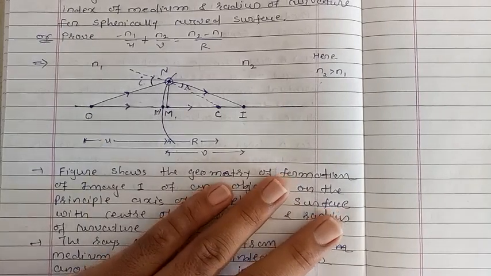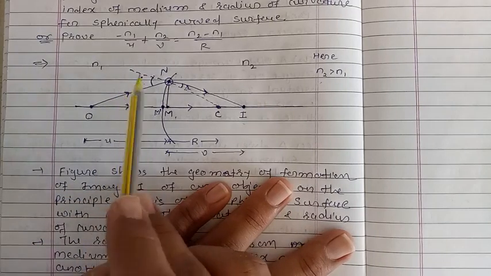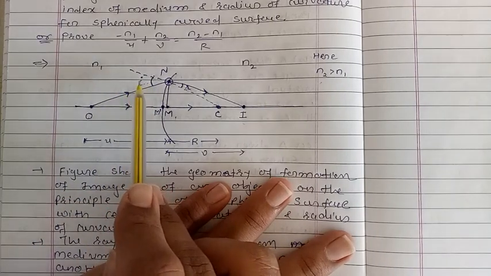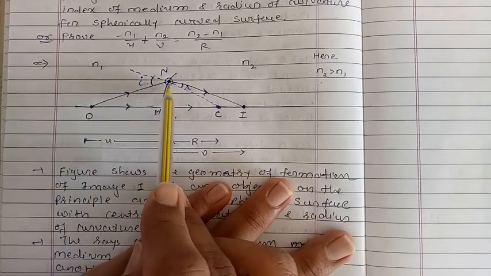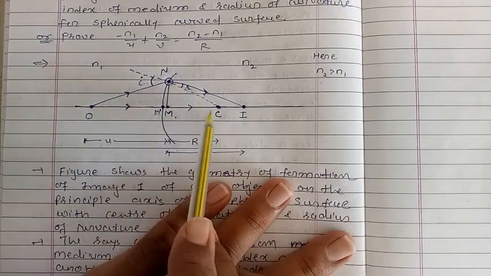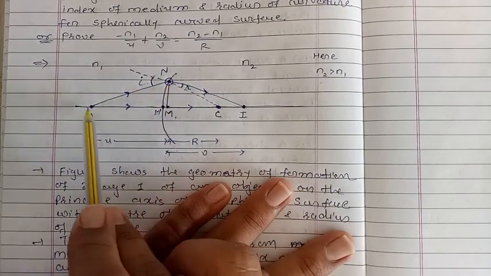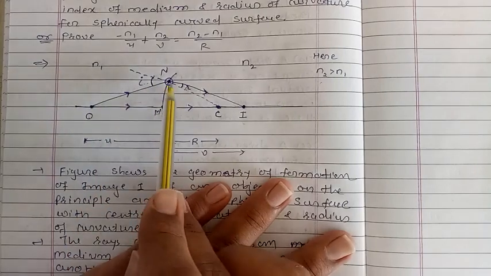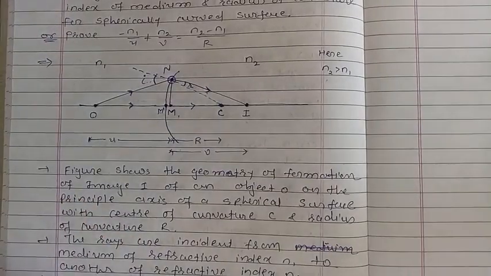We already discussed these exterior angles. Once again I repeat, from the figure you can see that i is the exterior angle of triangle ONC. So we can say that i is equal to angle NOM plus angle NCM.